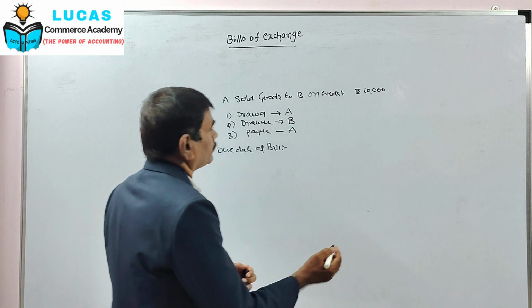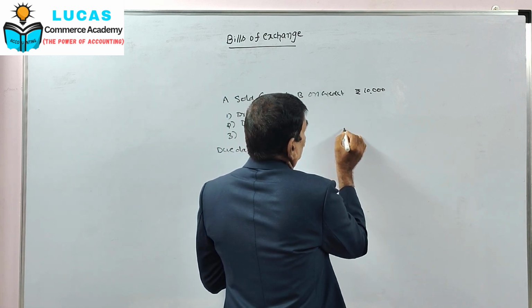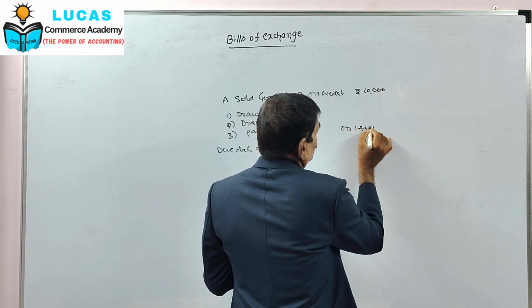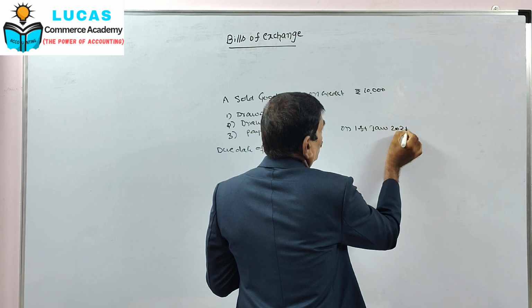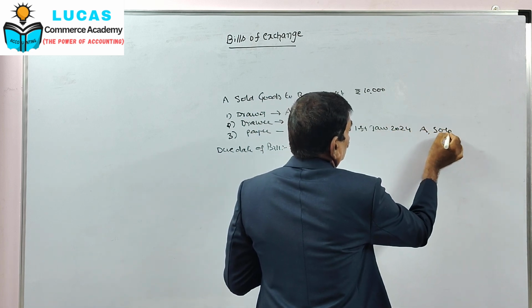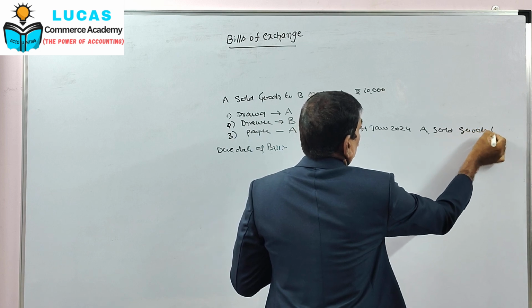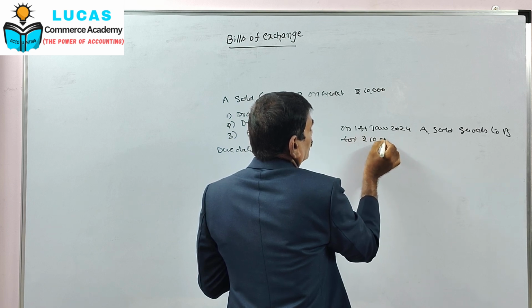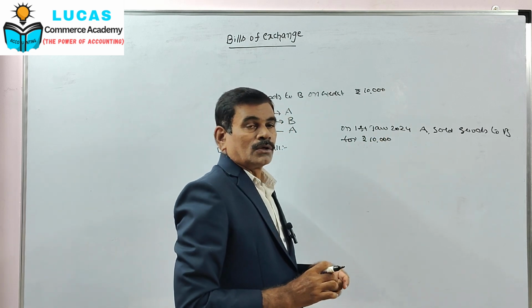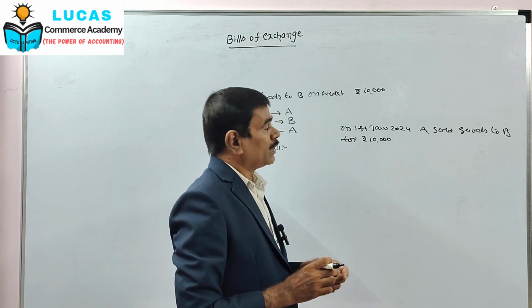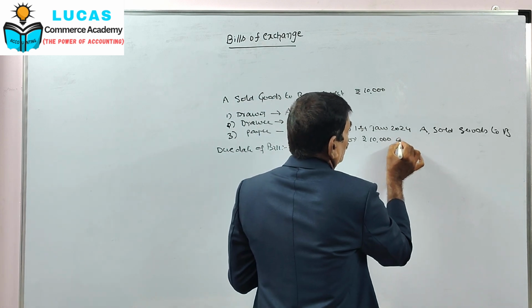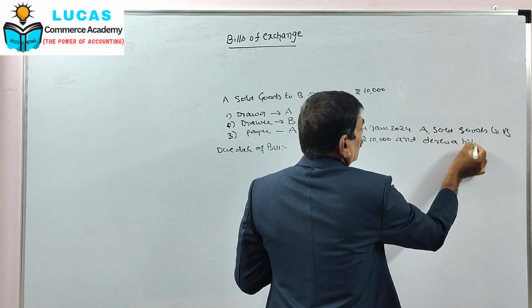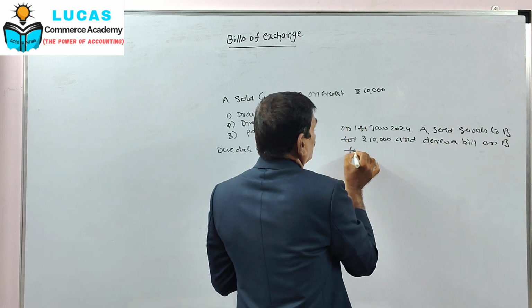For example, on 1st January 2024, Mr. A sold goods to Mr. B for say rupees 10,000 and drew a bill on B for the same amount.